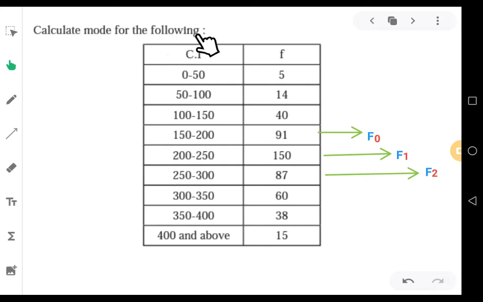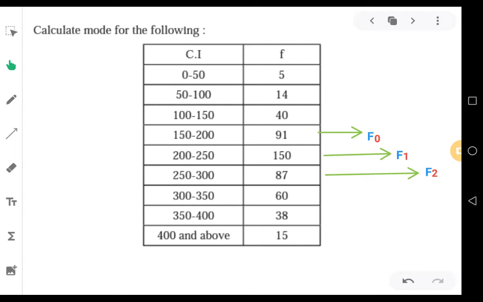Calculate mode for the following data. They have given class intervals and frequency. Class intervals are given 0 to 50, 50 to 100, 100 to 150, 150 to 200 and so on up to 400 and above.